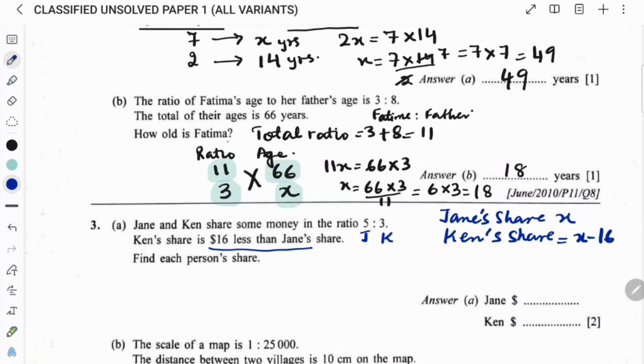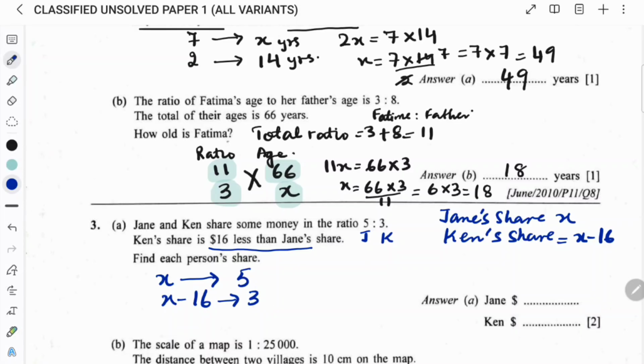Alright, so x is the Jane's share, and his ratio is 5, and x minus 16 is the Ken's share, and the ratio is equal to 3. So simply cross multiply.